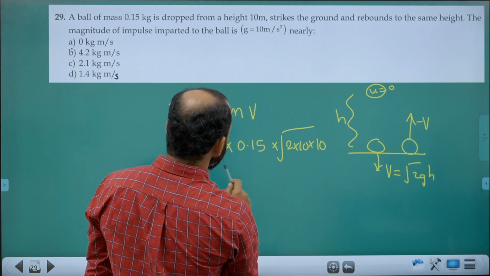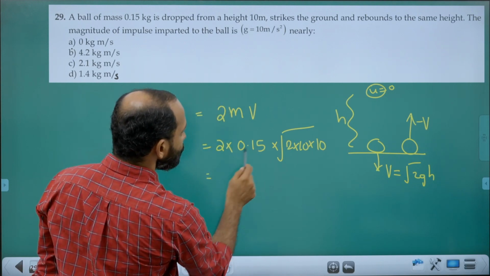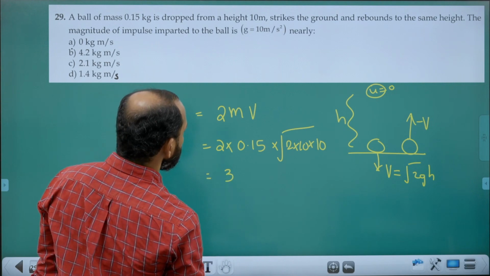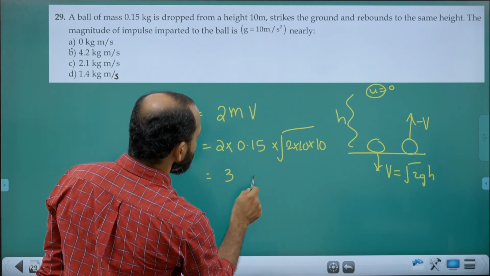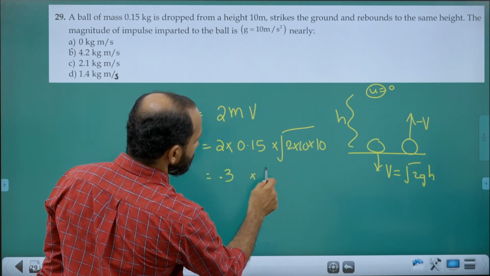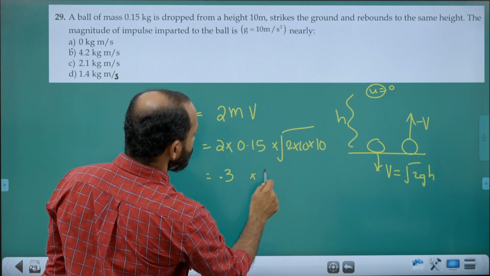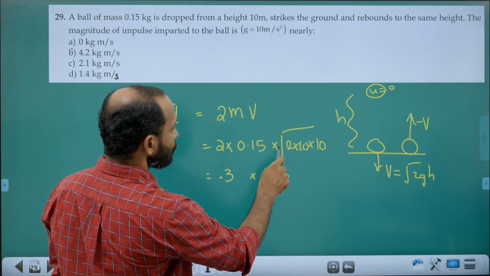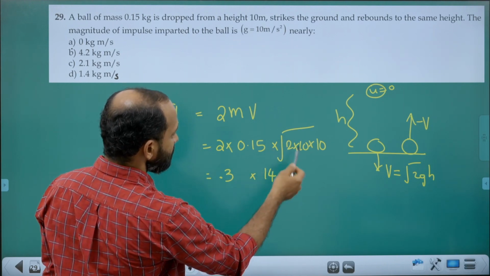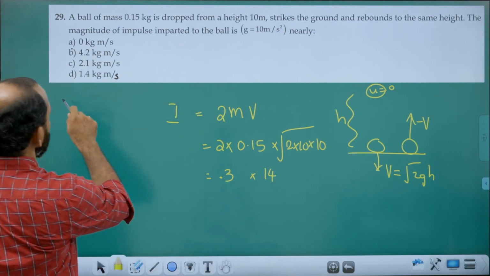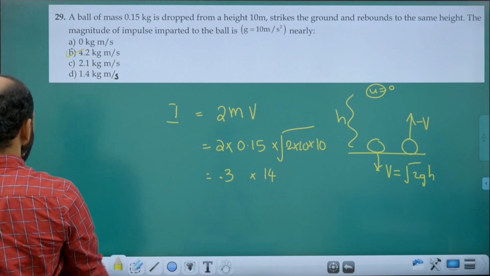So this will be 2 into 0.15, that is 0.3, multiplied by 100, so 10 root 2. Root 2 is 1.4, multiplied by 10, that is 14. So the closest answer is 4.2.